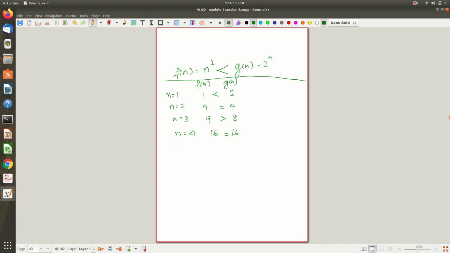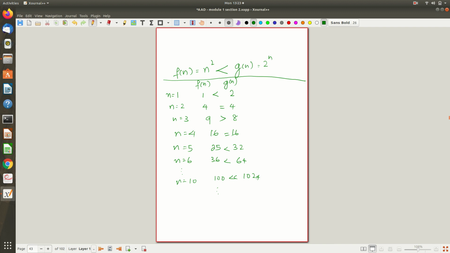From this point onwards, whatever value you give, for example n equal to 5, here you get 25 and here 32. When n is equal to 6, you get 36 here and 64 there, which is much larger. Try any value, say n equal to 10: here you get 100, 10 square, and here 2 power 10, that is 1024, much larger, right? So it will keep growing like that.